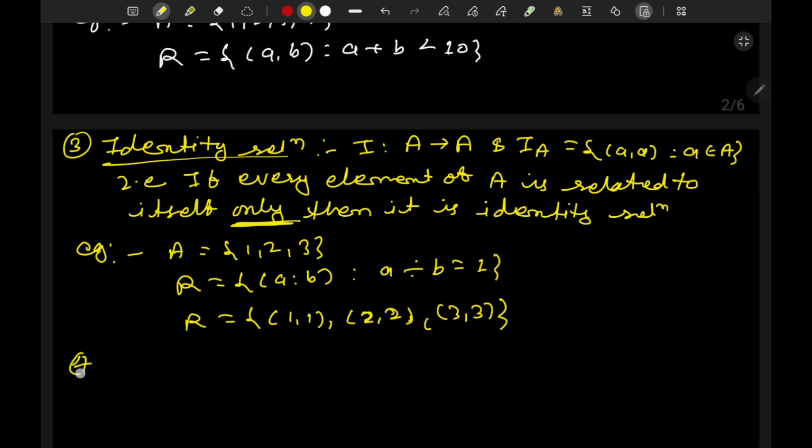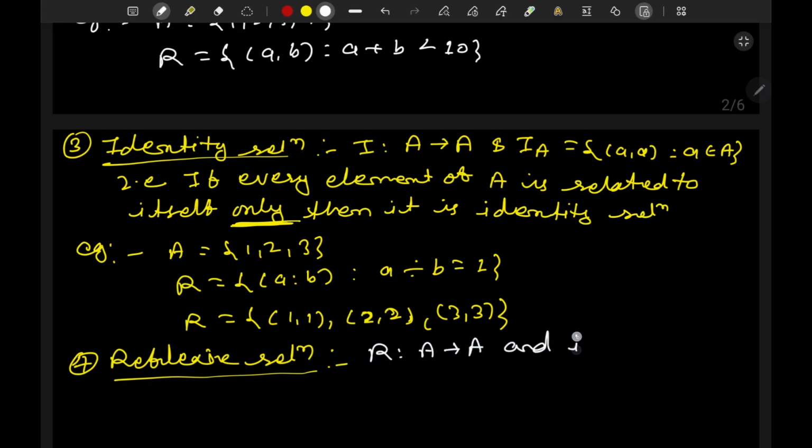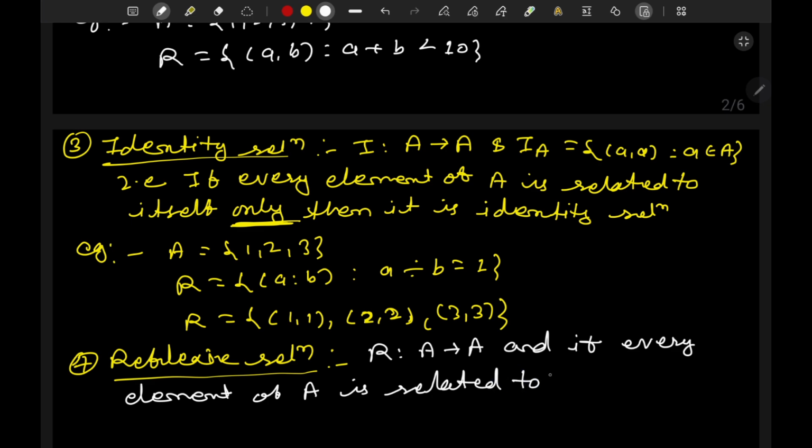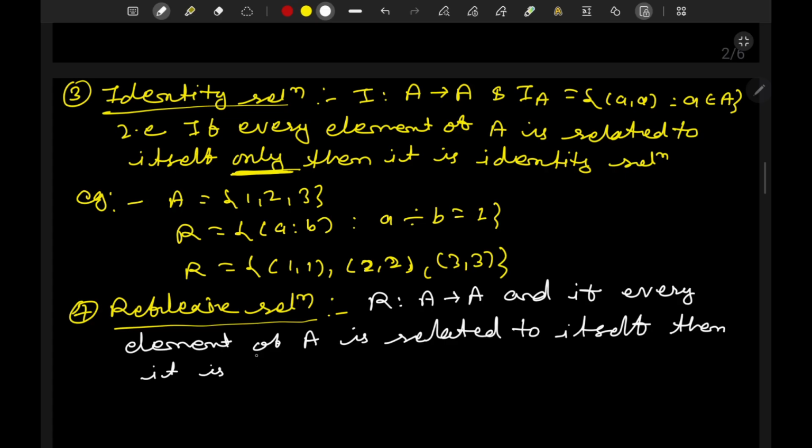Now the reflexive relation. A relation on A is reflexive if every element of A is related to itself, then it is a reflexive relation.